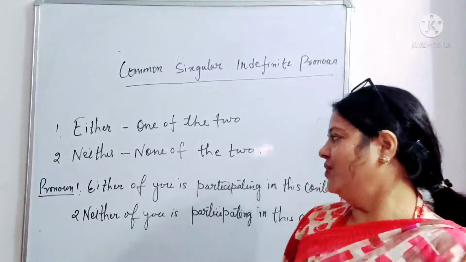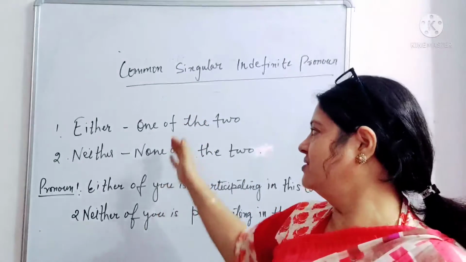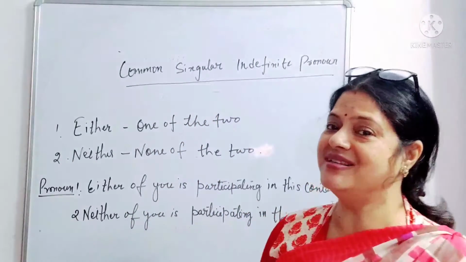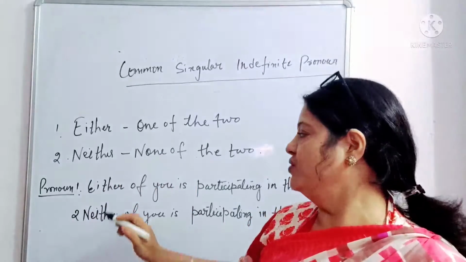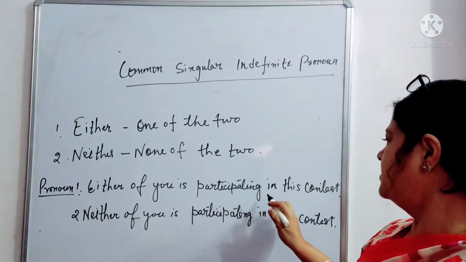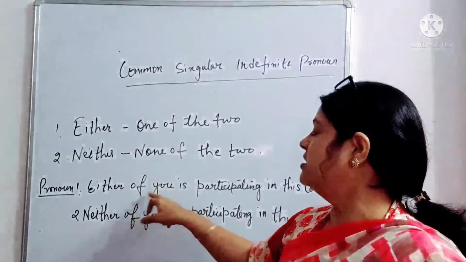Okay. So let's see how we can use either or neither in our sentences. Now as a pronoun we can use it like this: either of you is participating in this contest. It means either of you.